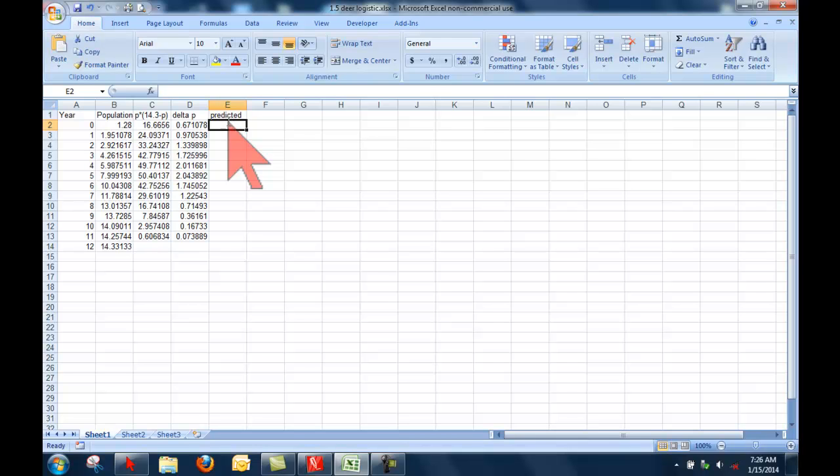So we're starting out here at 1.28, and we get successive populations as follows.